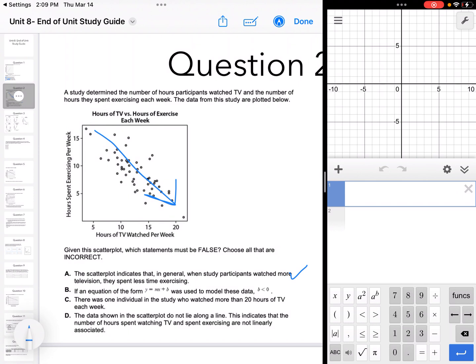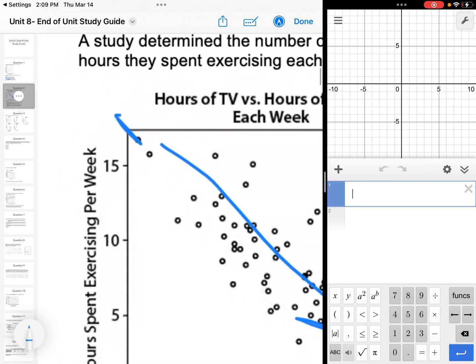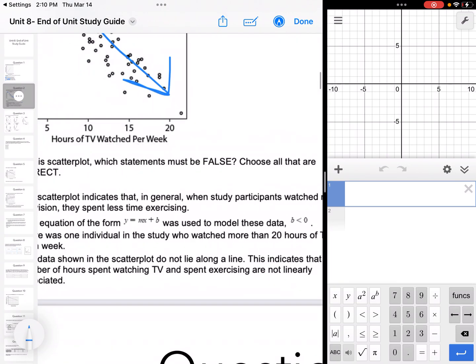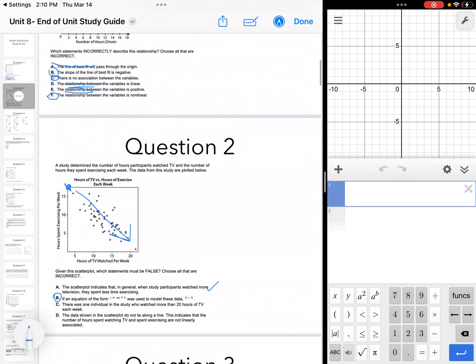If an equation in the form y equals mx plus b is used, the b will be less than 0. Well, that's not true because the y-intercept's going to be somewhere up here, so b has to be greater than 0. So b is incorrect.